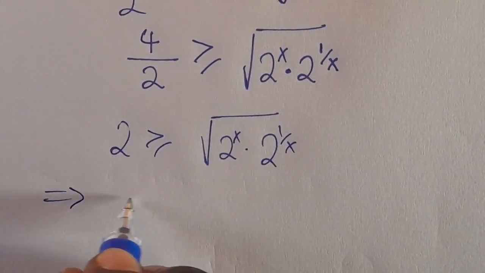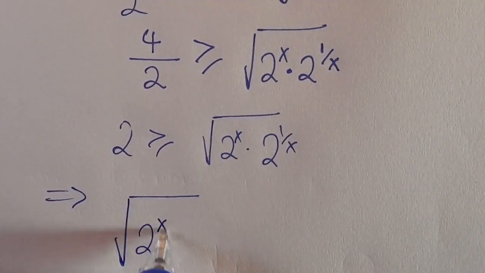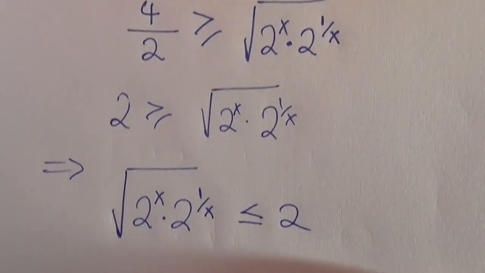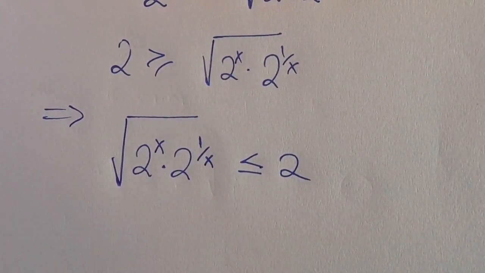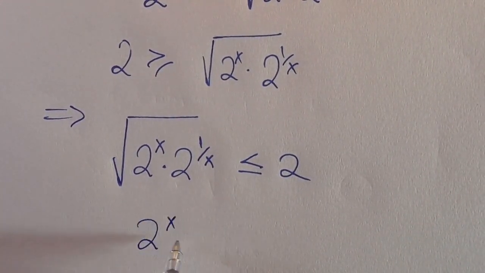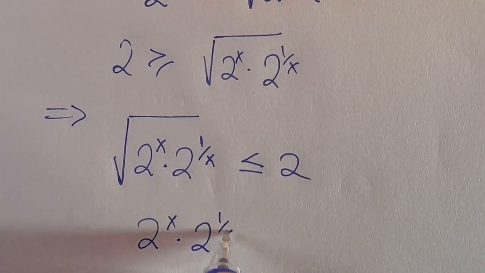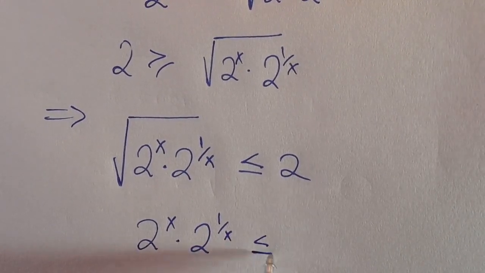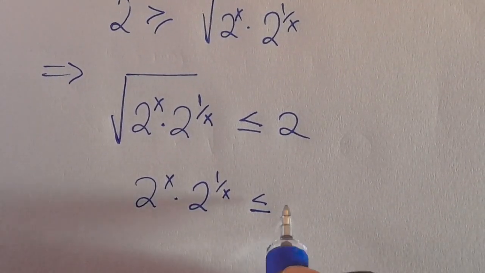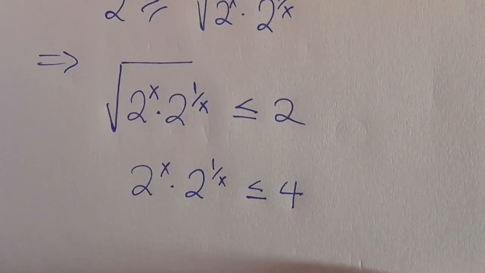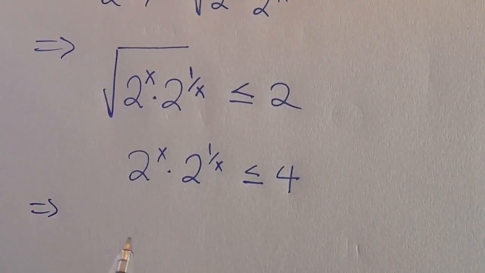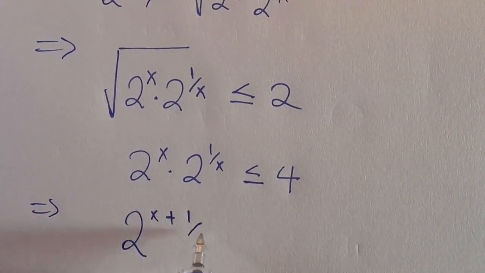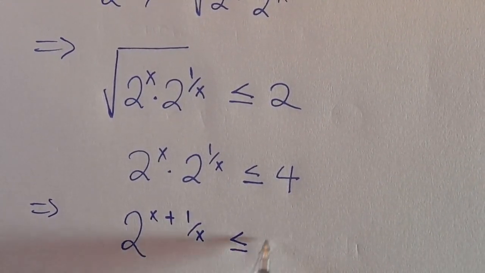This implies that the square root of 2^x times 2^(1/x) is less than or equal to 2. By squaring both sides, we have 2^x times 2^(1/x) less than or equal to 4. And this implies that 2^(x + 1/x) is less than or equal to 4.